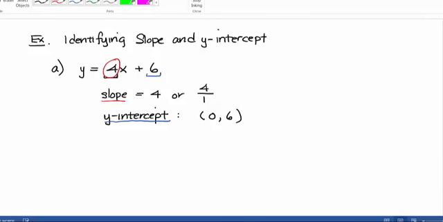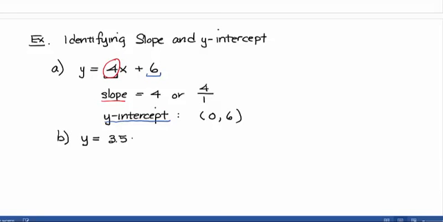Okay, let's see an equation in a slightly different format. If I gave you y equals 3.5x minus 4.2, notice our form was y equals mx plus b.